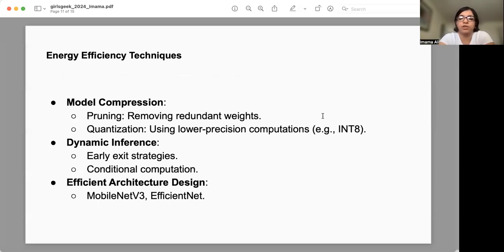And also conditional computation where you can use certain conditions for the computations and you don't use the whole model for the prediction, and use the conditions to optimize the computation. There are a few efficient architectures which people use as foundational models, like MobileNet, ViT and EfficientNet, and fine-tune these models for any downstream task.